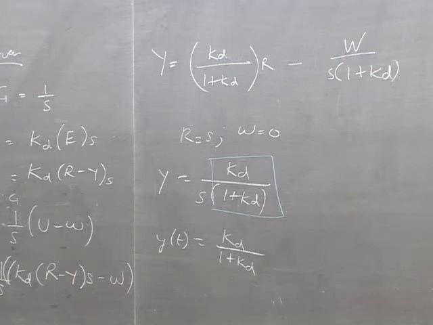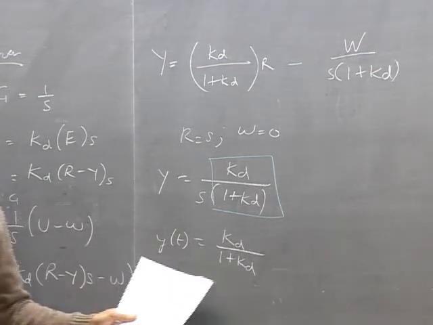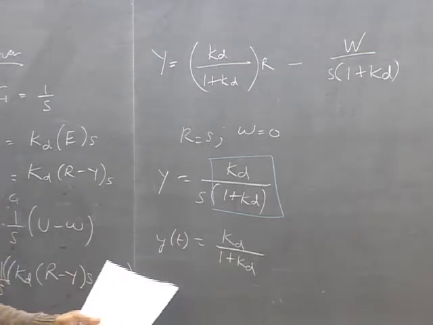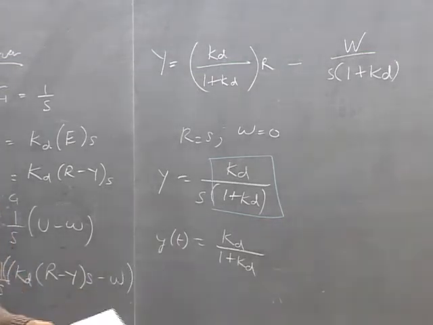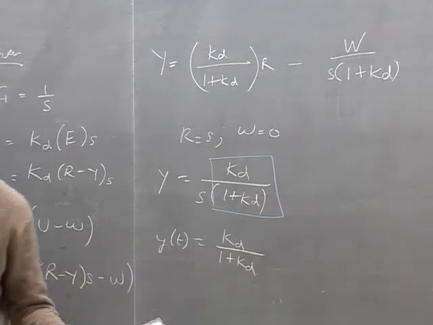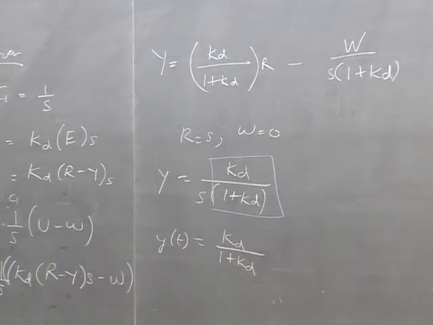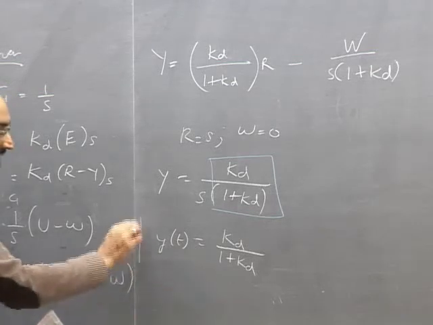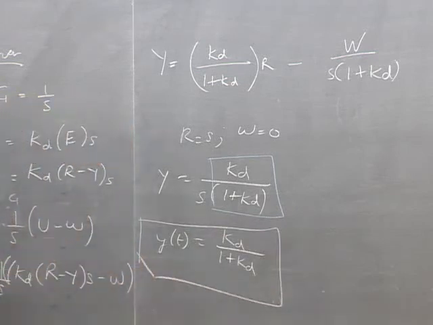You give it a step input, and the output is going to be slightly less than 1. It's KD over 1 plus KD, which is always going to be less than 1 when KD is greater than 0. That basically tells us what the output is going to look like.